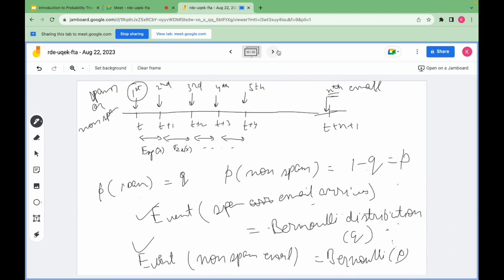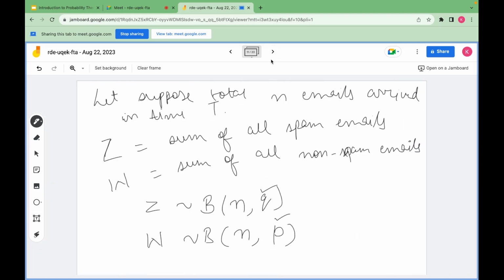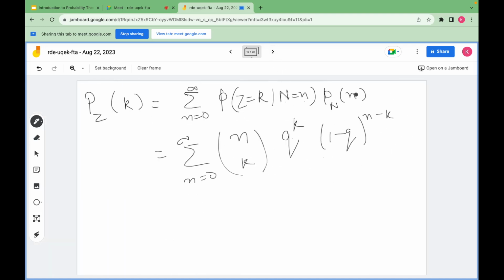So the probability that this N is taking the value small n is nothing but the probability mass function for Poisson distribution, which is e to the power minus lambda, where lambda is the parameter, into lambda to the power n divided by n factorial.